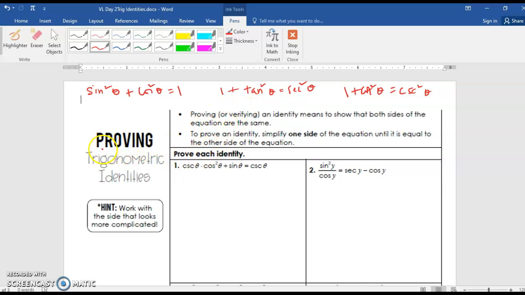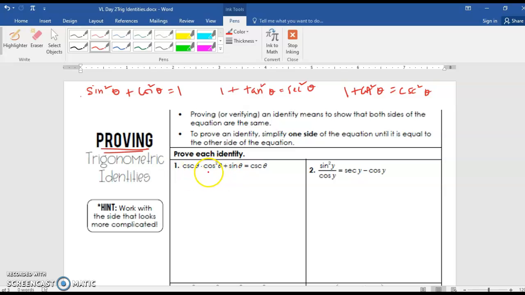So when we are proving, we are proving that the left side of the equation is the same as the right side. Normally, a proof will involve an identity, an equation, right? So we have a left-hand side and a right-hand side. To prove an identity, just pick one of the sides.